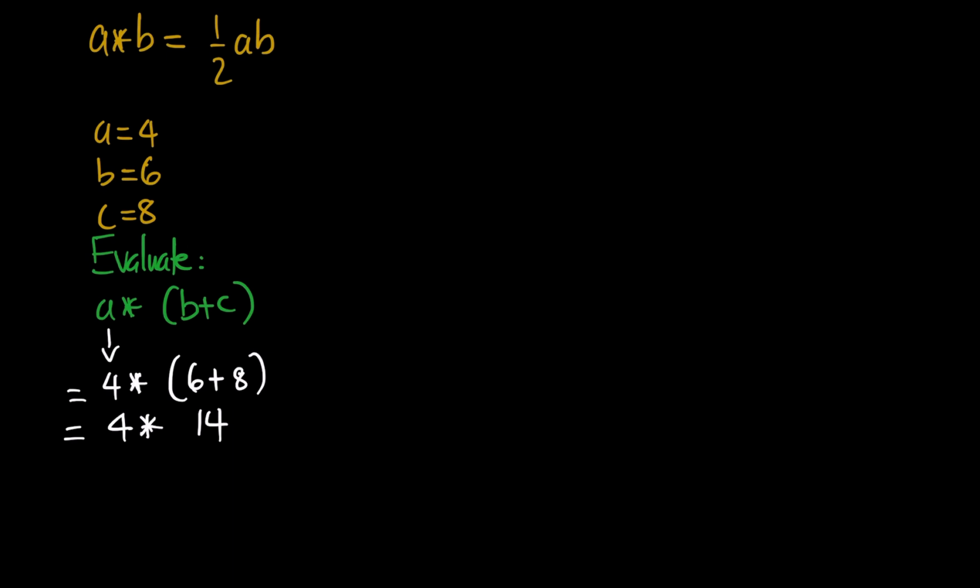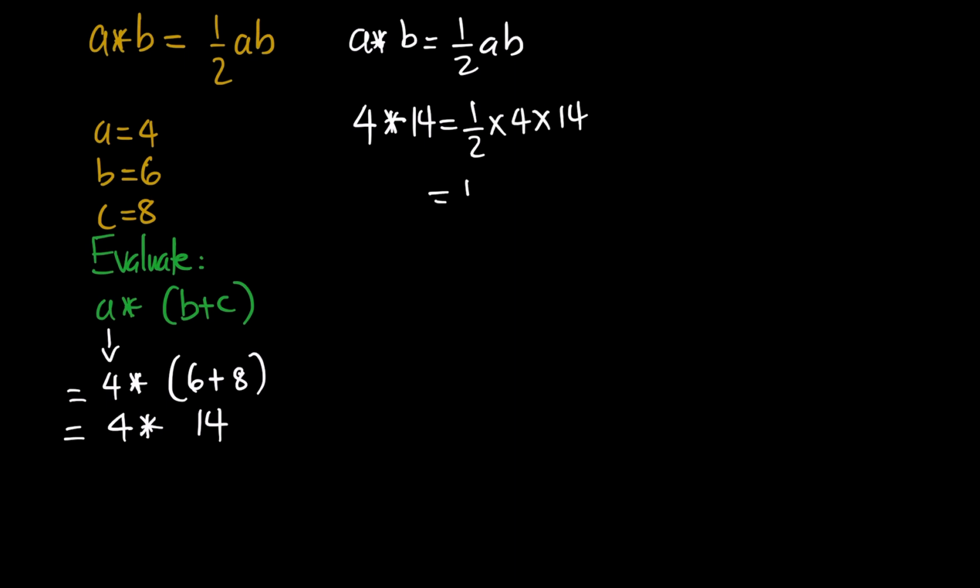We know that A star B, which is half of AB, is going to be, with 4 as our A, star our B, which is 14, half of 4 times 14. Now, this 2 will cancel out, and we end up getting 28 like that.